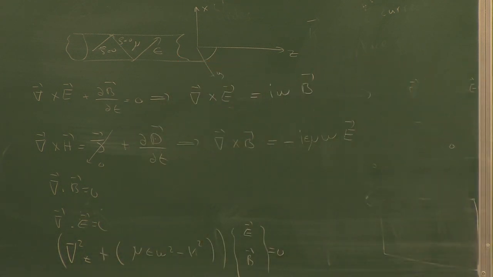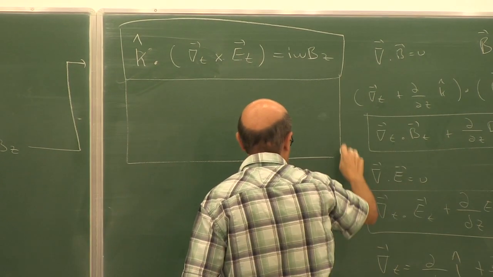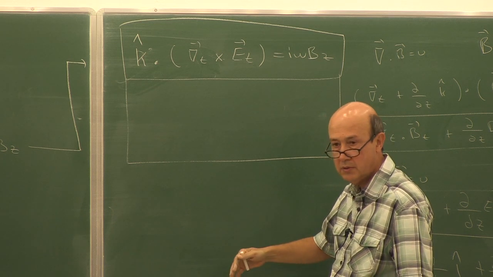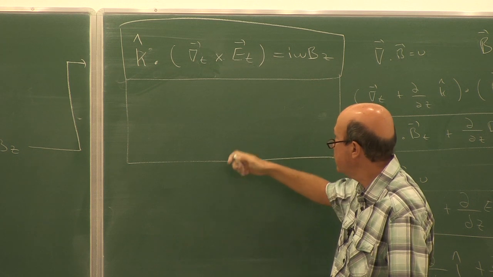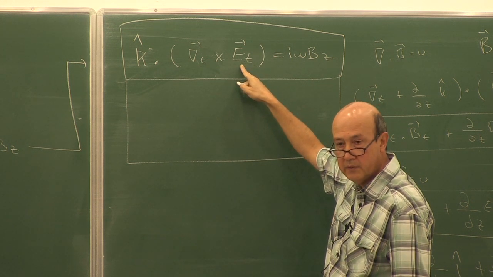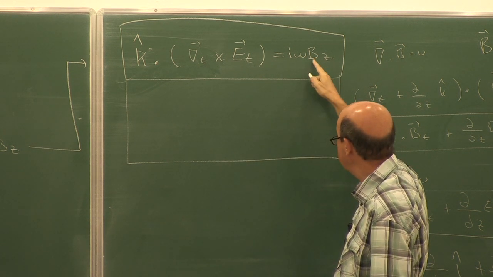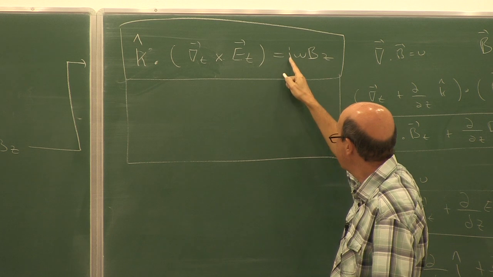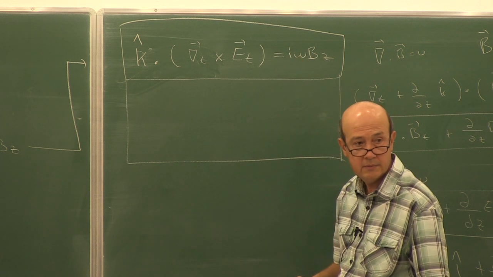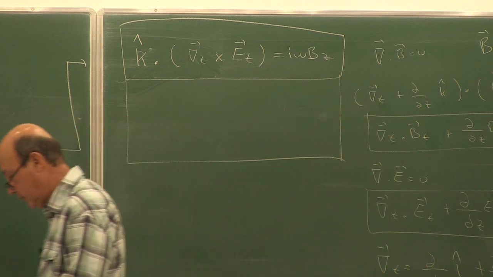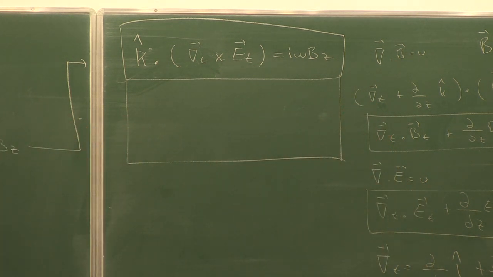So could you tell me what I am going to obtain if I do the same thing to the other? What will be the longitudinal component of the Ampere's equation? So E transverse will be B transverse, Bz will be Ez, and I omega will be minus I mu epsilon omega. Yes. If you do the same algebra, you will get the similar structure.